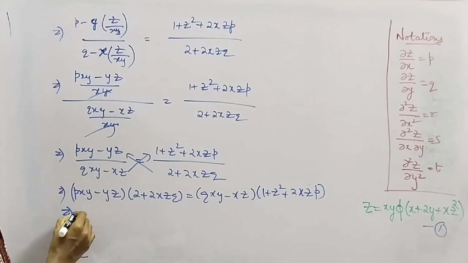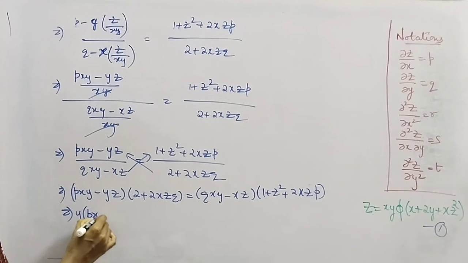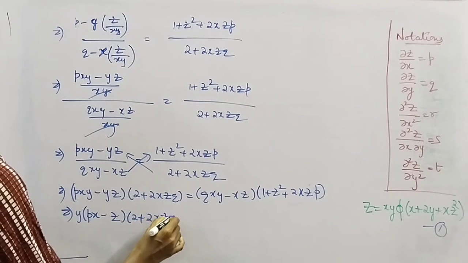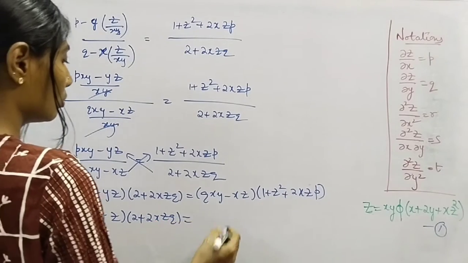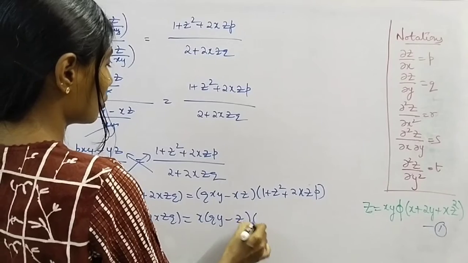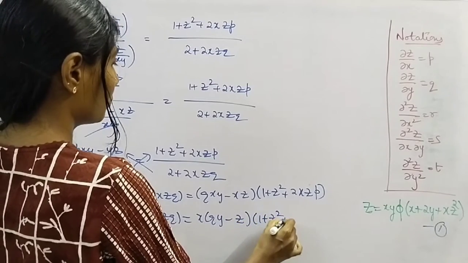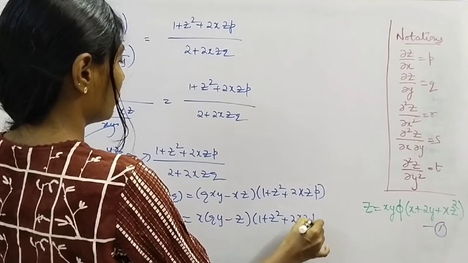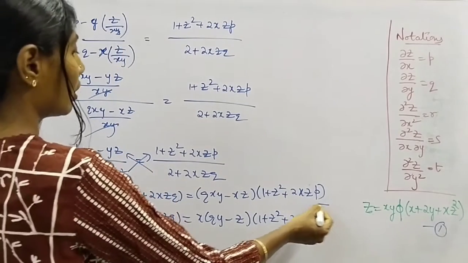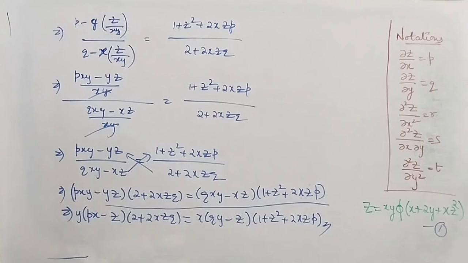Take y common from these two terms, you'll get y times (px minus z) equal to, take x common, you'll get x times (qy minus z) into (1 plus z square plus 2xzp). You can consider it as partial differential equation or you can simplify it further. Let's see. Now we are going to simplify it.